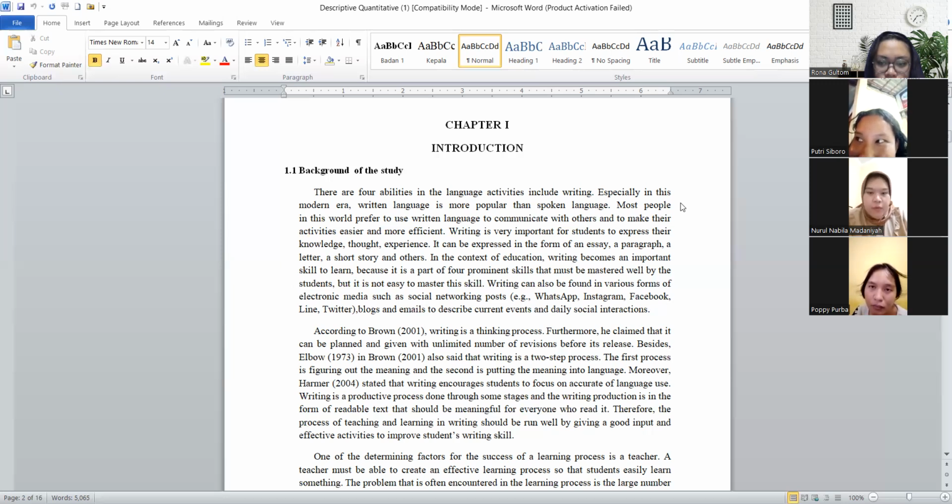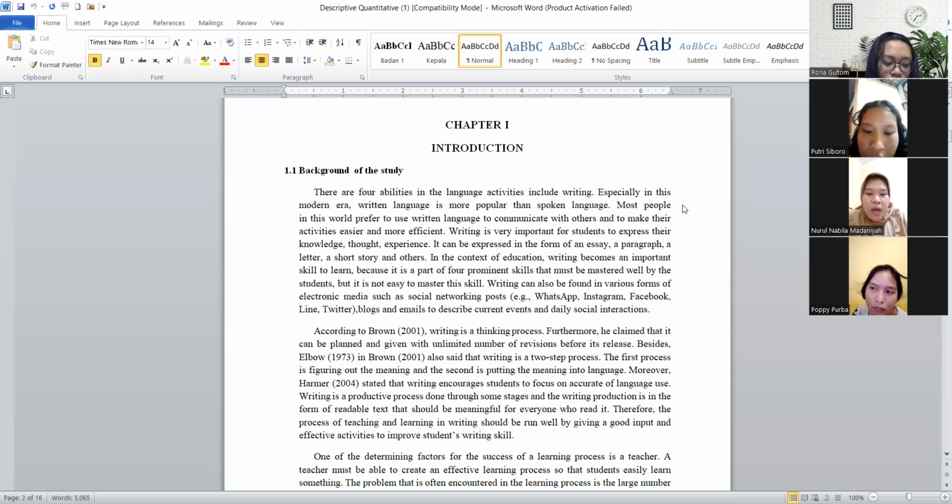In the background of the study, we have explained the definition of writing according to some experts. First, we have Brown. According to Brown, 2001, writing is a thinking process. Brown has claimed that it can be plain and given with an unlimited number of revisions before it is released.